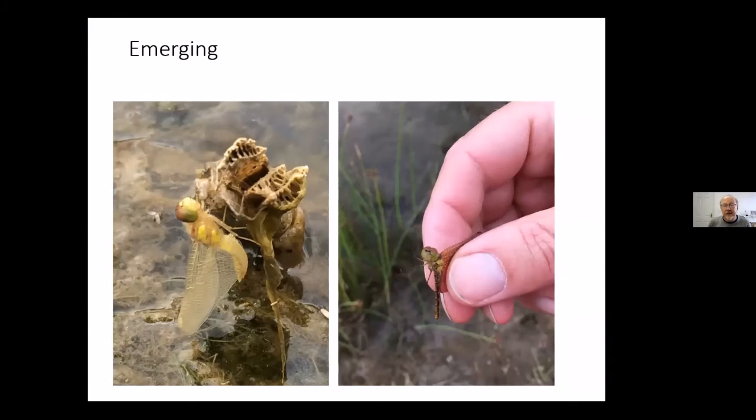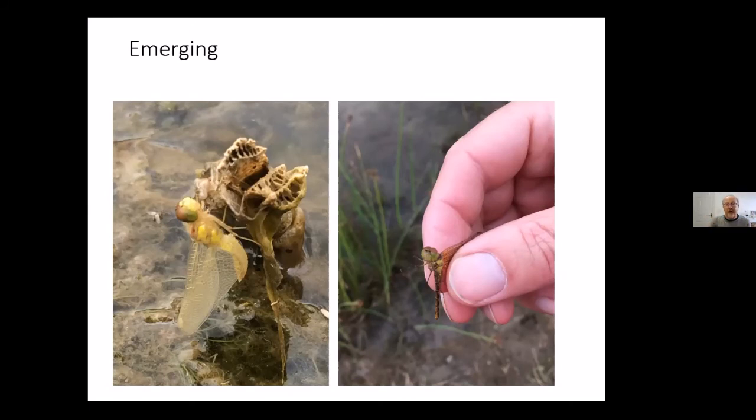They eat other invertebrates, and they will even take on a stickleback. But then on a nice sunny day after April, they will emerge, meaning that they crawl up some vegetation and then they burst out of the body. They burst out of the back of the neck.